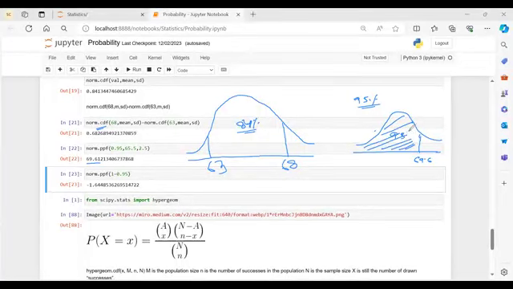So it's saying from the left hand side till the 69.6 value, 95% of the values fall in this range. Are you getting it? PPF will take the probability and give you the value, while CDF will take the value and give the probability. So it's just the opposite. Okay. Are you getting it? Yes, sir. Okay.